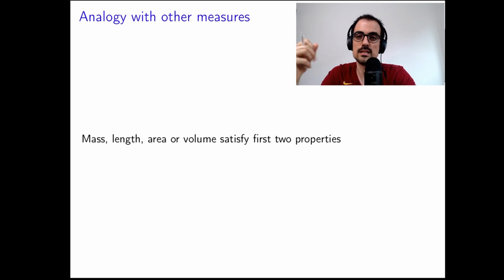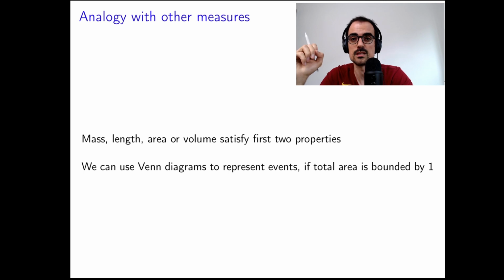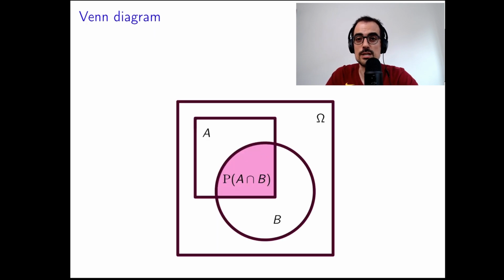But it's sometimes useful to draw an analogy between probability and these other measures, and in particular, we can use Venn diagrams to exploit that intuition and to represent events and their probability. So I'm going to just show you an example. Here we have a Venn diagram. We represent the sample space as this square that has area 1.